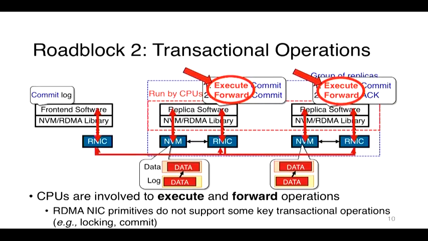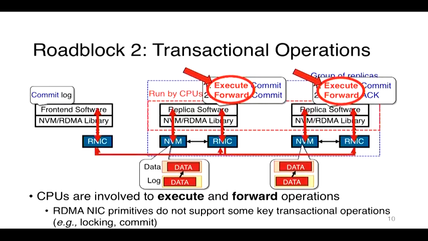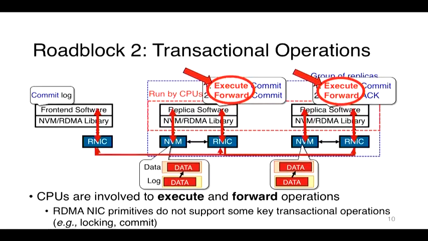However, since RDMA NICs do not natively support such a commit operation, the replica CPU needs to execute the commit operation as well as forward it, as mentioned previously. Similarly, executing other transactional operations such as locking also requires the replica CPUs.